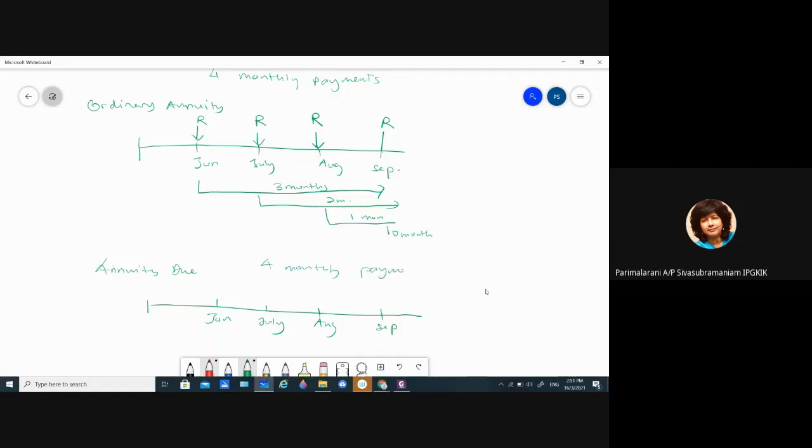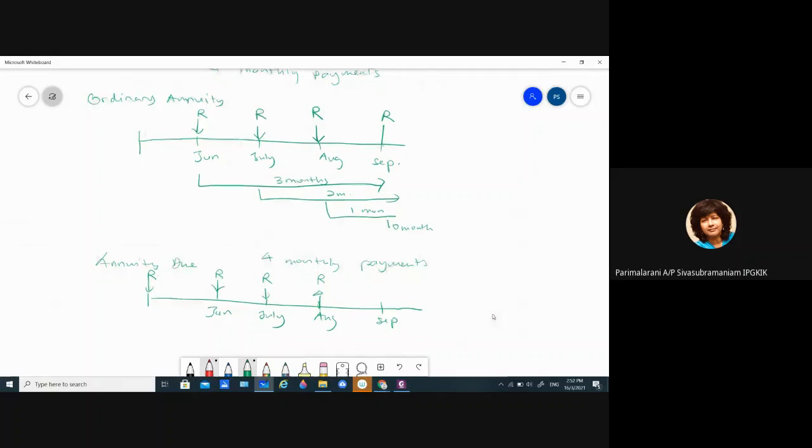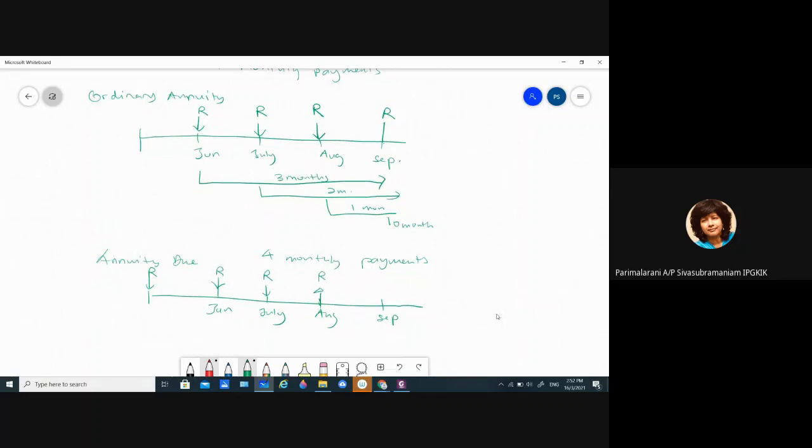So for the month of June, we are paying the first payment at the beginning of June. Beginning of July, second payment. Beginning of August, third payment. Beginning of September, fourth payment. End of September, we take out the money. So the first payment, how long is it in the account?